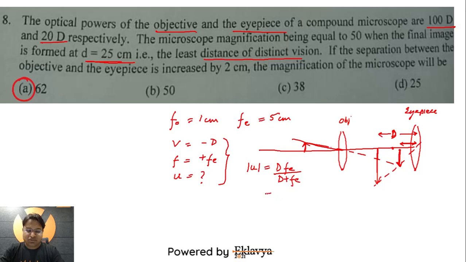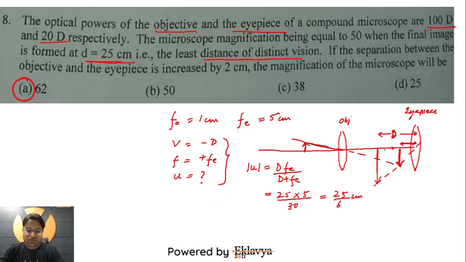So if I put these numbers here, D is 25, FE is 5, then 25 plus 5 will become 30. So this becomes 25 by 6 centimeter. So this is the distance at which this image should be formed. So this we have got.